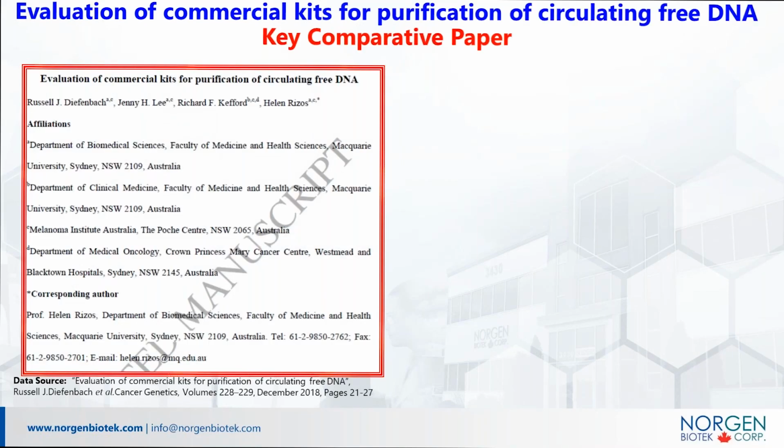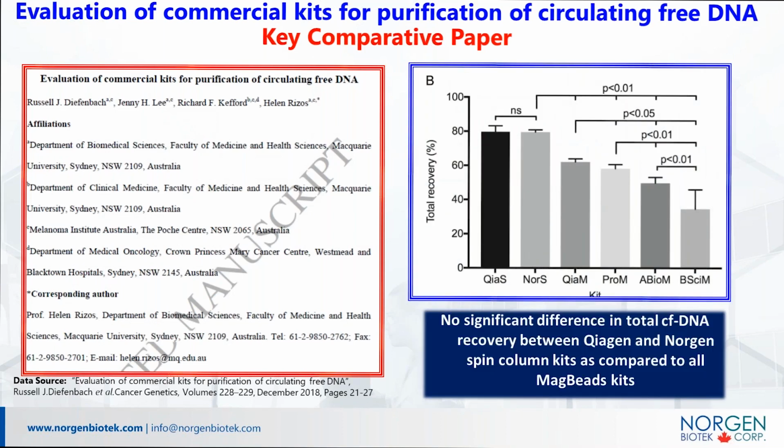Another key comparative paper compared two spin column formats, Norgen's and QIAGEN's QIAamp circulating nucleic acid kit, versus 4 different magnetic bead-based formats. And the best thing that they did in this paper is they spiked their plasma with a DNA ladder with different sizes ranging from 25 base pairs up to 800 base pairs.